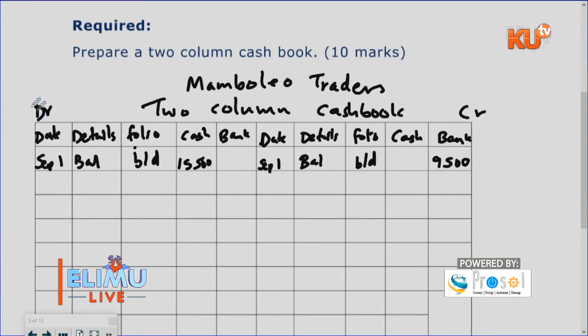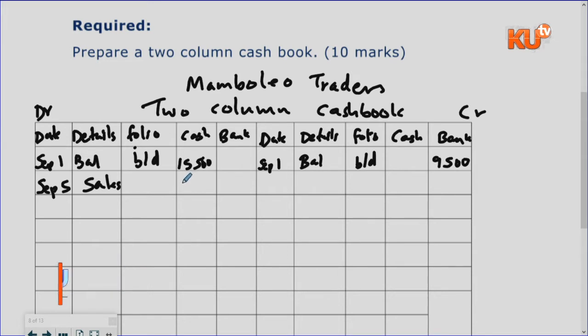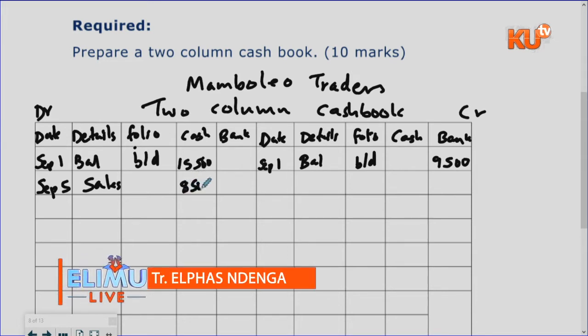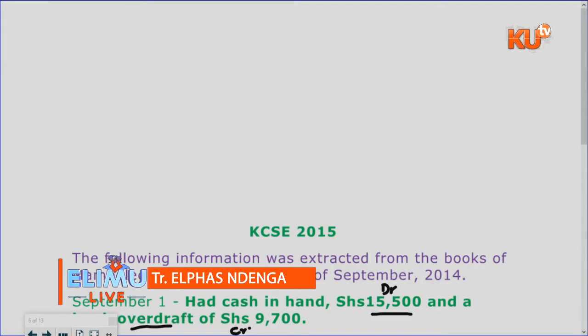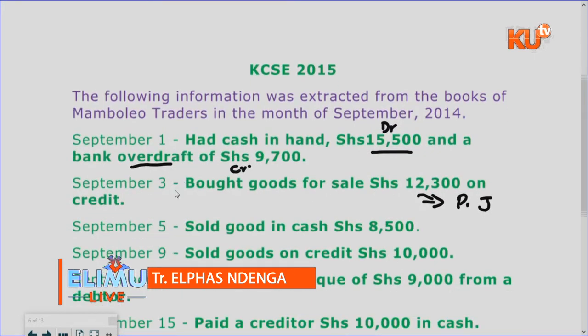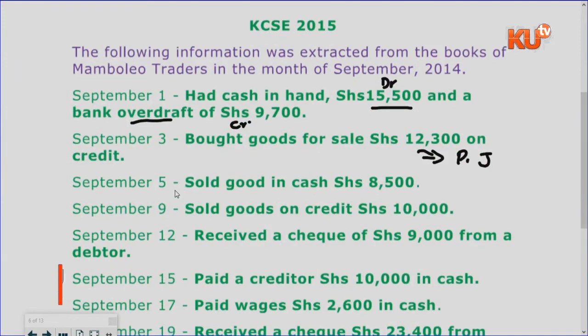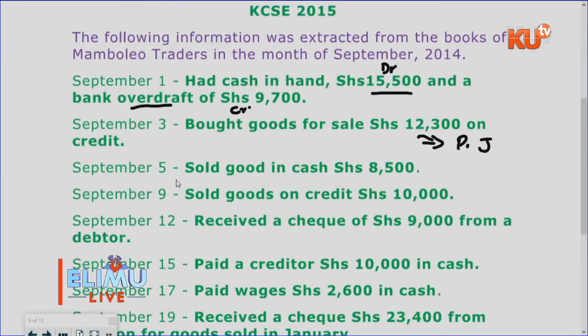We write September 5, sales, cash 8,500. This is coming from the sales ledger, so we'll have our SL in the folio. If you are not sure what should be filled in the folio, you can leave the folio column blank rather than filling in what you are not sure of.